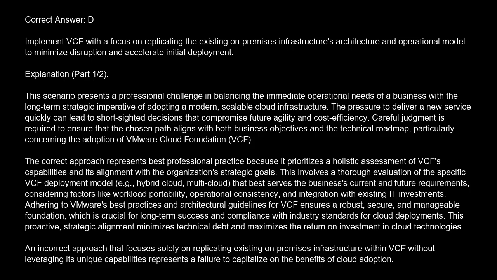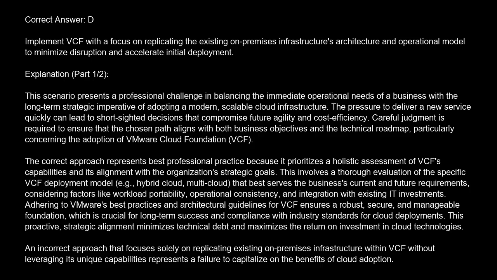The correct approach represents best professional practice because it prioritizes a holistic assessment of VCF's capabilities and its alignment with the organization's strategic goals. This involves a thorough evaluation of the specific VCF deployment model, e.g., hybrid cloud, multi-cloud, that best serves the business's current and future requirements, considering factors like workload portability, operational consistency, and integration with existing IT investments.